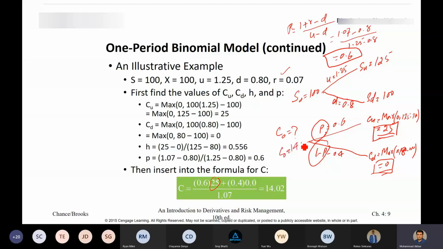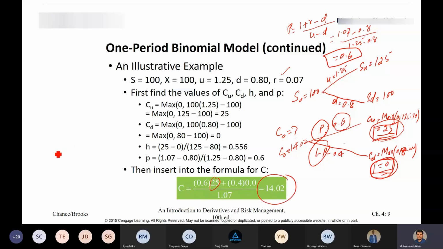You should be paying 14.02. Why? Because in future there is a chance of you getting 25 pounds, and the probability of that is 0.6, that is 60%. And there is a chance that 1 year later the call will be out of the money and you will get nothing, and the probability of that is 0.4. So if you do this, you get the expected or weighted future cash flows, and you divide that by the risk-free rate, and you get 14.02 as the call price.